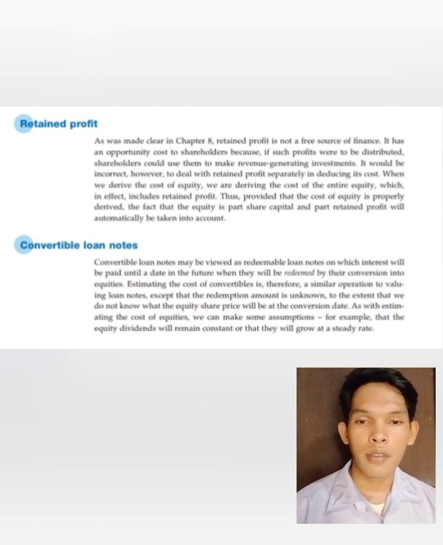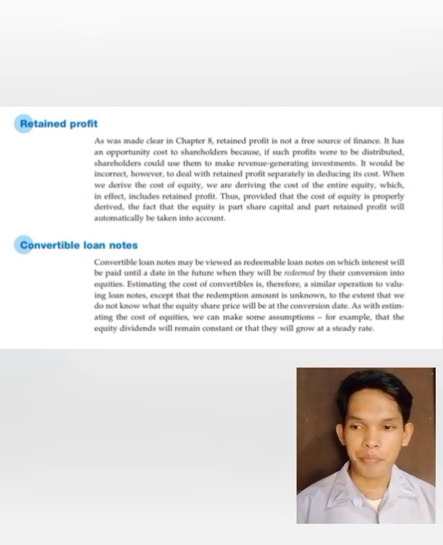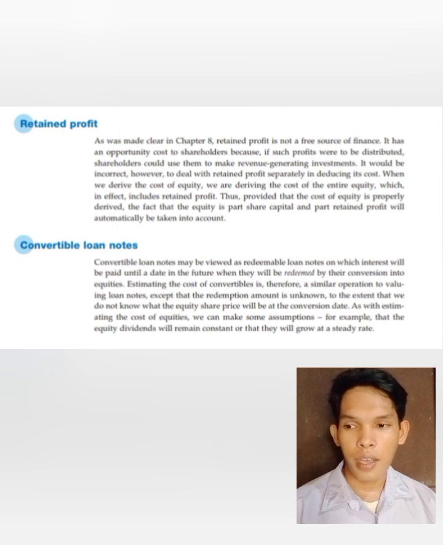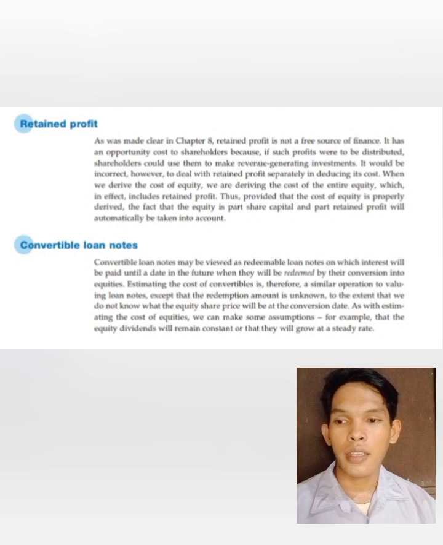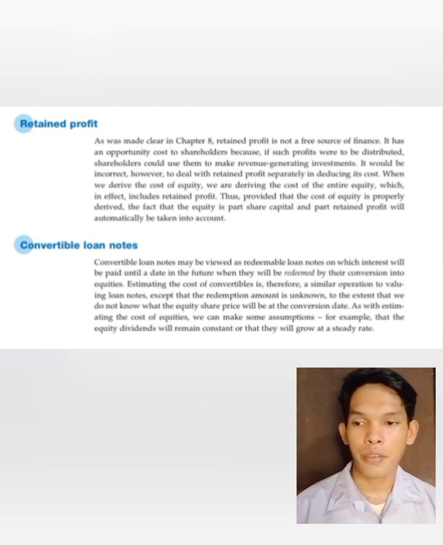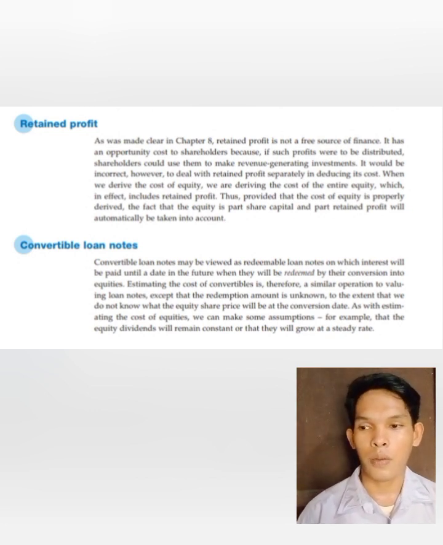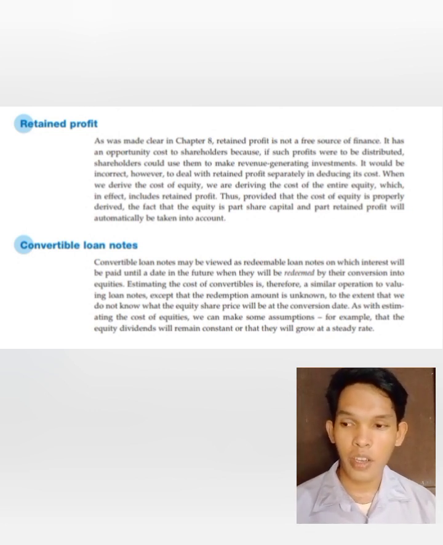When we derive the cost of equity, we are deriving the cost of the entire equity, which in effect includes the retained profit. Thus, provided that the cost of equity is properly derived, the fact that equity is part share capital and part retained profit will automatically be taken into account.